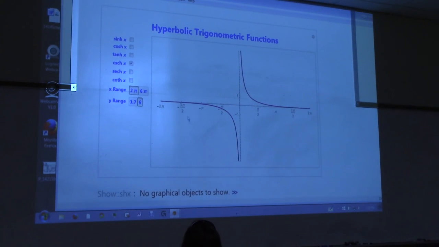That almost looks like what from pre-cal? Anyone remember which one looked like that in pre-cal? It's like a sideways tangent. It's like the inverse of tangent, almost. But it's not. You could almost say it's like a cubic function, or cube root function, or something like that.